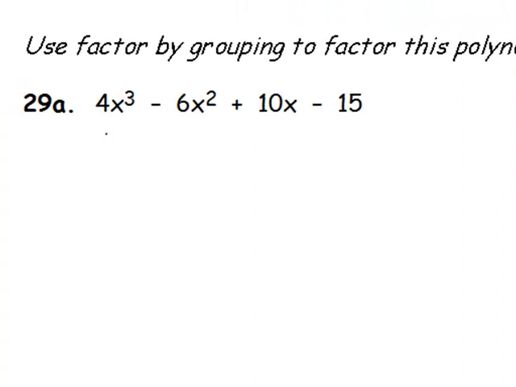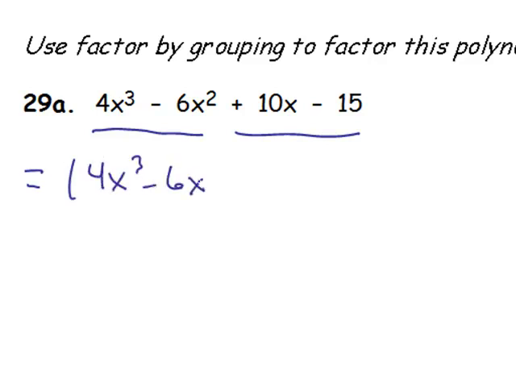29a, factor by grouping. We're going to group the first two terms together and then the second two terms together. So we have 4x cubed minus 6x squared as one grouping, plus 10x minus 15 as a second grouping.